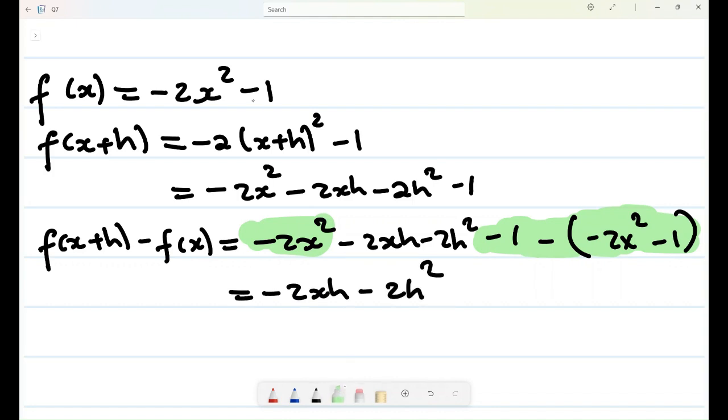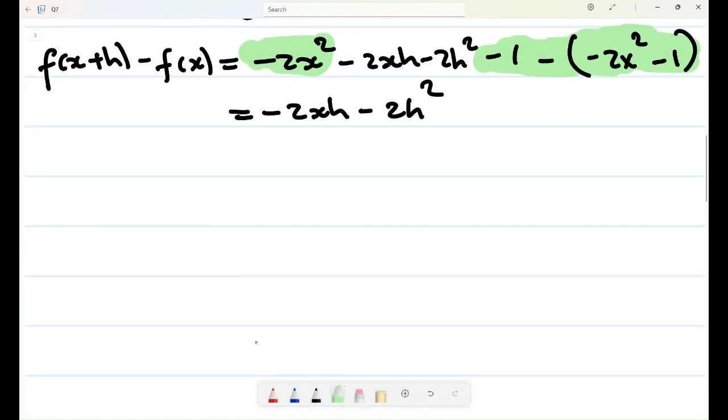Remember what I said? x squared should be removed. Do we have any x squared here? No. So it means everything is correct. Then now I'm in a position to say what is my f prime of x according to the definition?